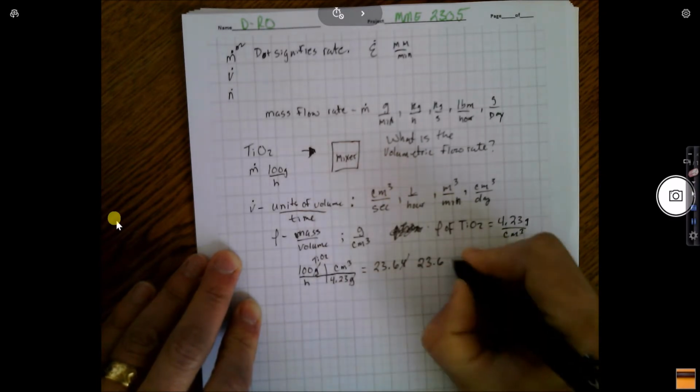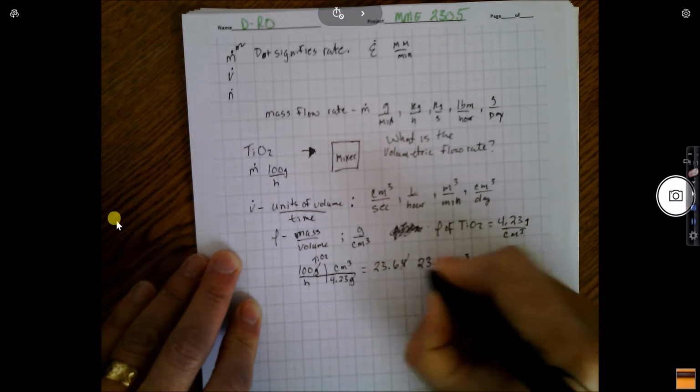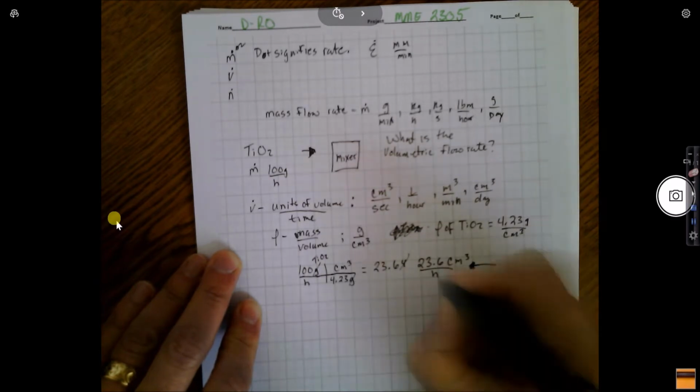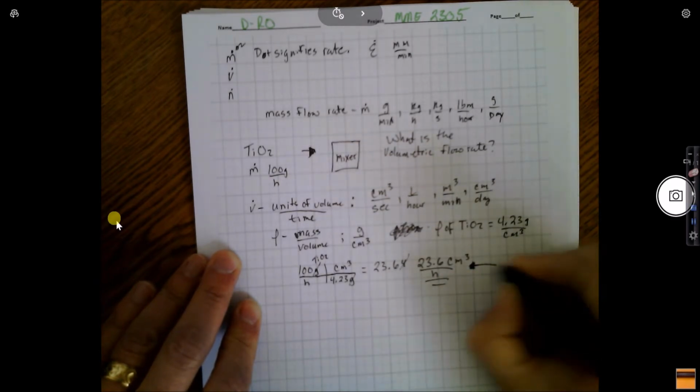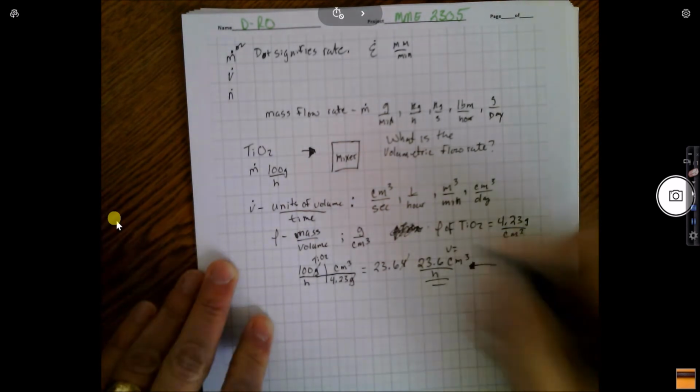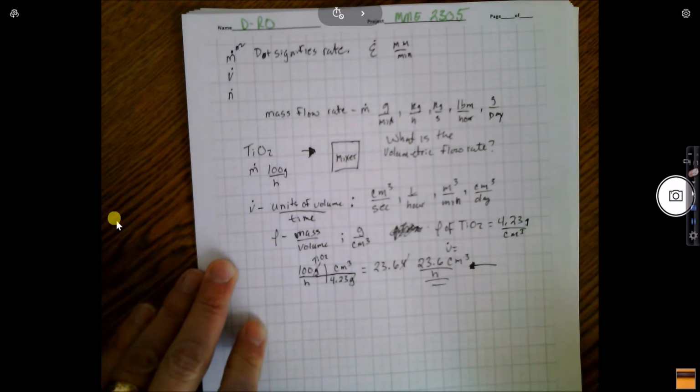And we're going to do centimeters cubed per hour. And always when you do some sort of calculation, note where your answer is. And I probably should have put equals V, but here, we'll just put it up there just for good bookkeeping. V dot. So we have our volumetric flow rate now of 23.6 centimeters cubed per hour.